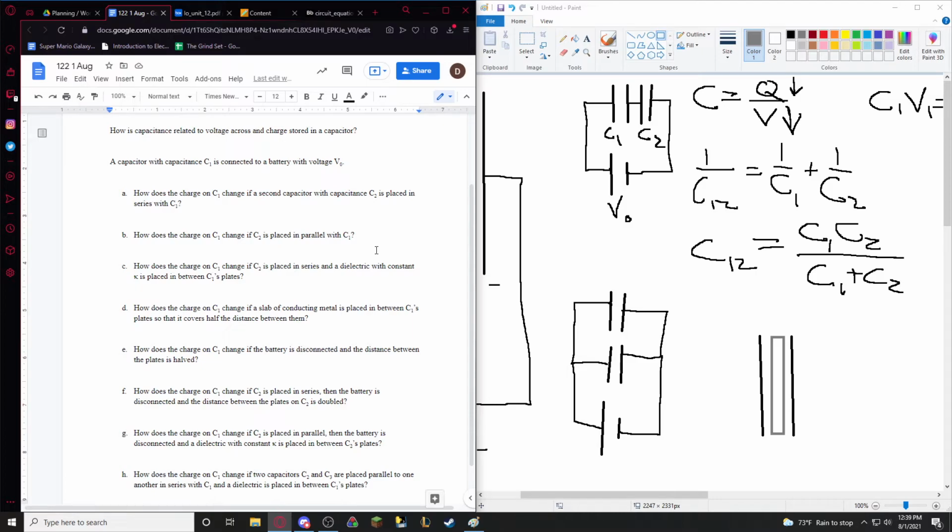The voltage changes. Okay, you're right. The charge stays the same. The only thing that changes is the voltage, and the capacitance does change. Exactly. Distance lowers, so the capacitance increases. The voltage would then also increase because the charge doesn't change since we're disconnected.